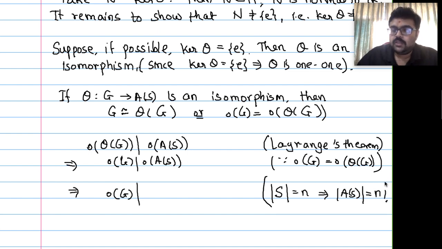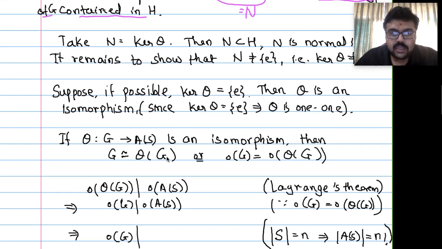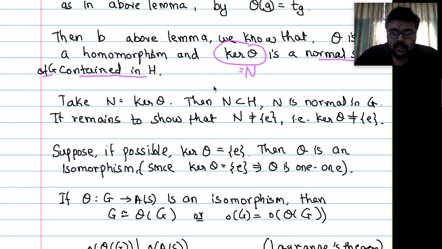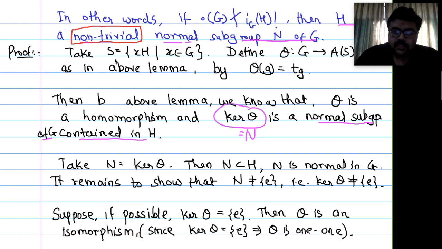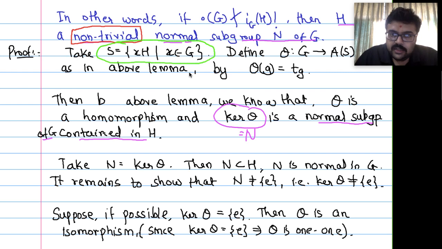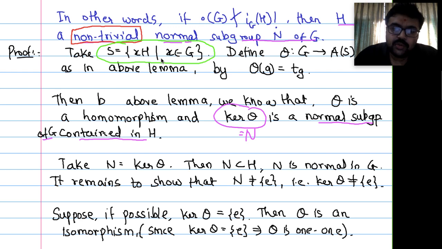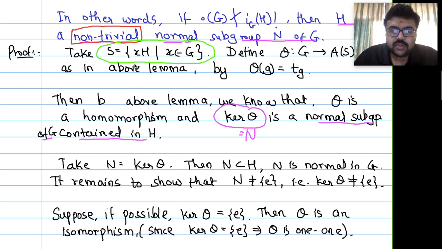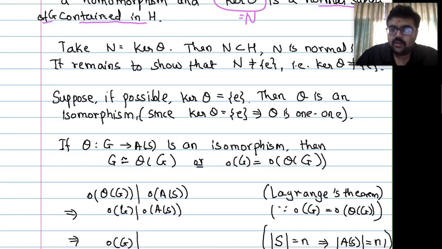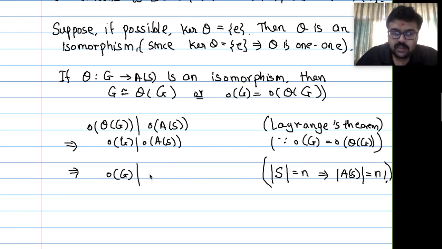So what is AS? S is the set of all left cosets. So what is the cardinality of S? If cardinality of S is n, then cardinality of AS is n factorial. Here the cardinality of S means the number of distinct left cosets of H in G. So cardinality of S is index of H in G.